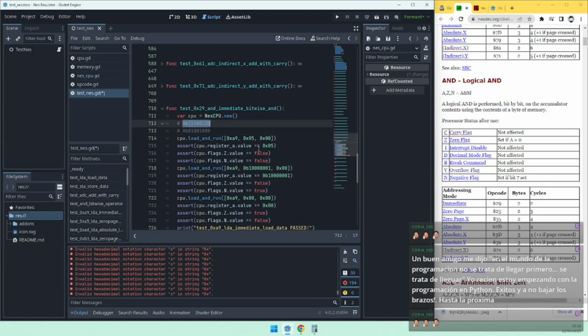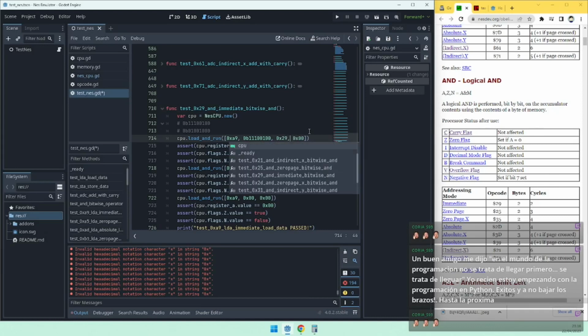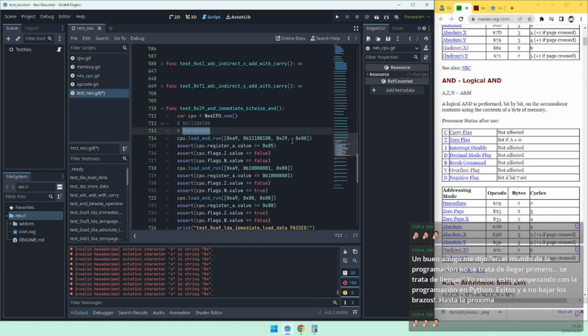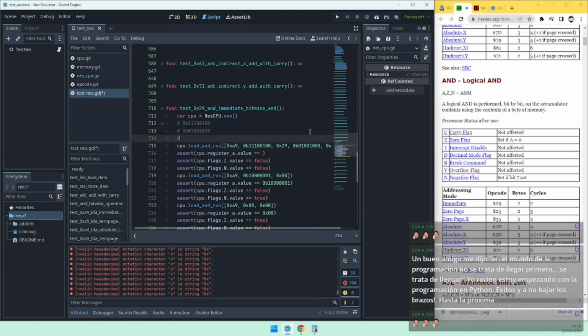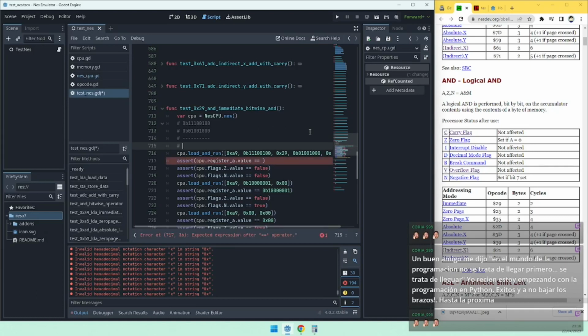So we are going to load this value, and we are going to AND this value, and the result should be 0, 1, 0, 0, 0, 0, 0.